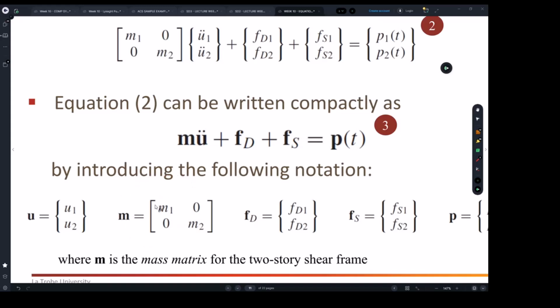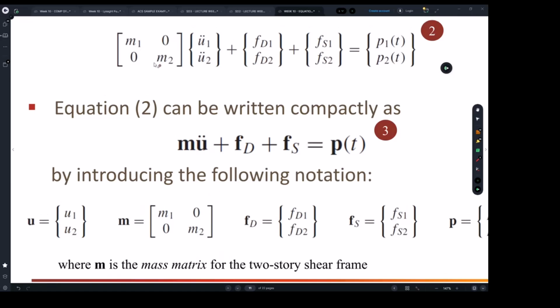So for the first floor, this is talking about the mass of first floor, and there is no influence. So there is no link between level 1 and level 2. They are independent, as we discussed. So basically, that's how we can establish the matrix for the masses.